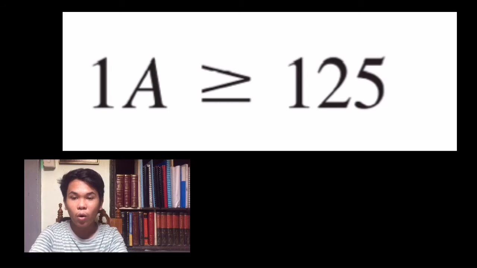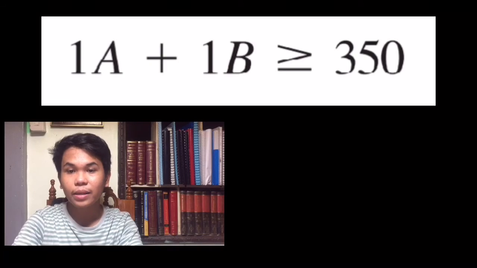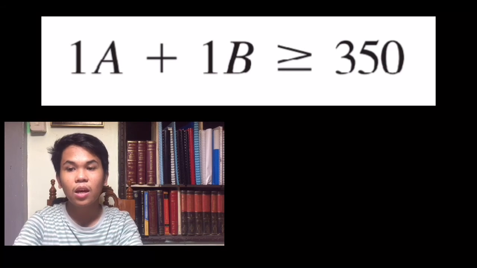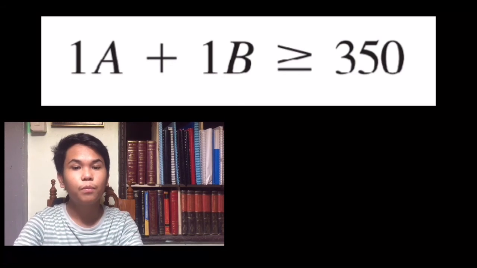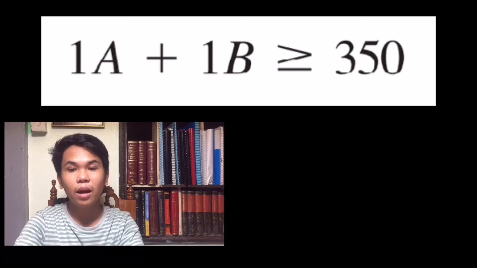We know A must be at least 125 gallons to meet the big customer's demand for 125 gallons of product A. As a result, we put 1A is greater than or equal to 125 as a constraint. We may put the restriction 1A plus 1B is greater than or equal to 350 for the combined production of both goods, which must amount to at least 350 gallons.